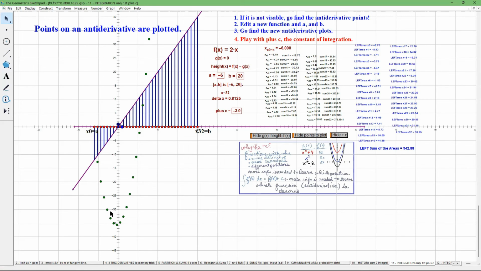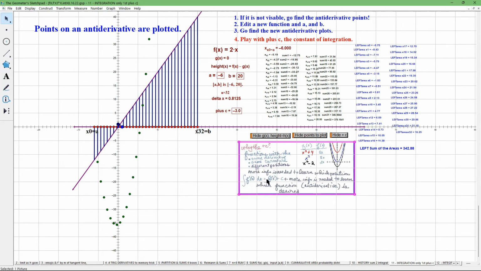Well, that curve has the shape of an x squared, but it doesn't line up with what we need because we're off by a constant of integration, the plus c.